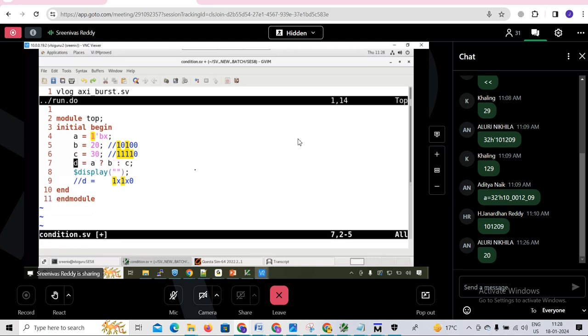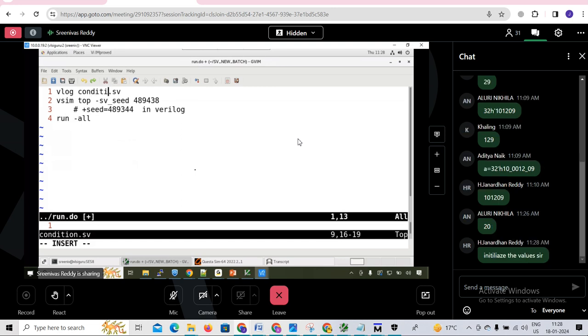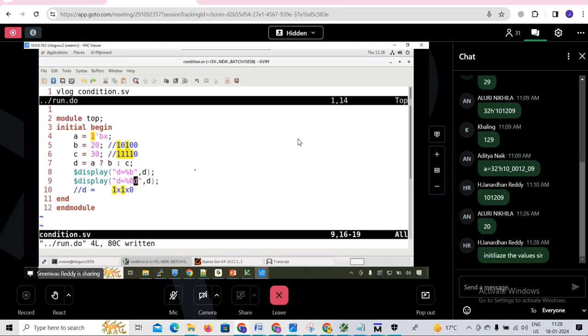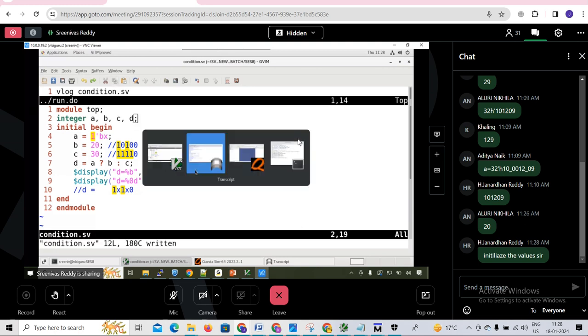D is equal to percentage B D. You can even try to print it as a decimal number. We'll declare it. ABCD.